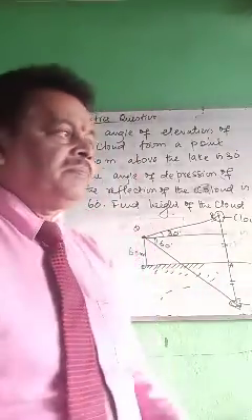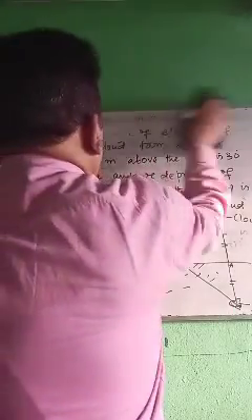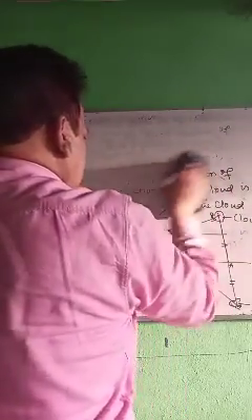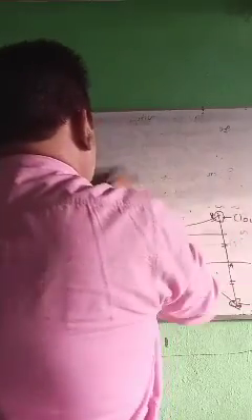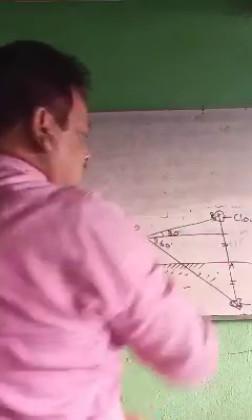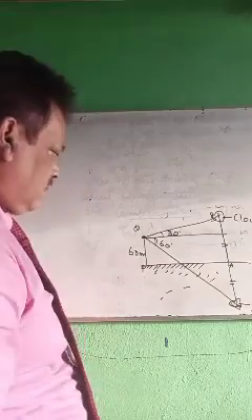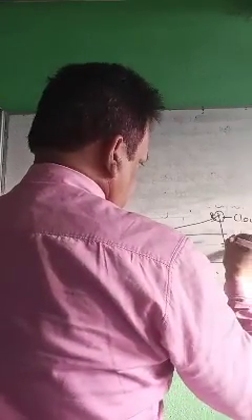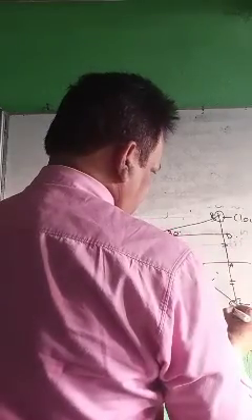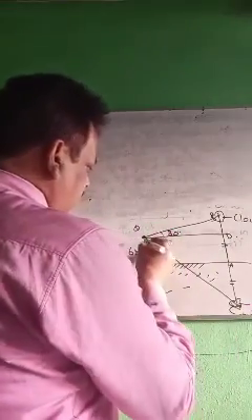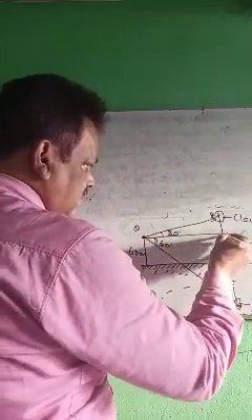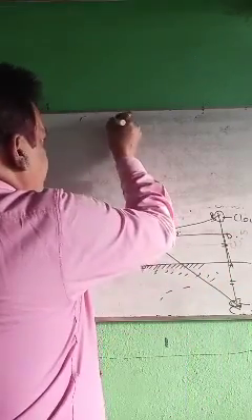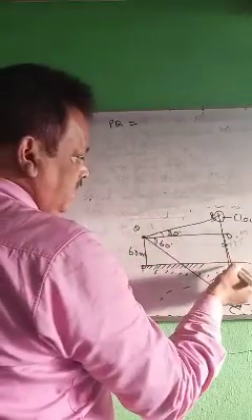Okay, lot of things you got here. Now try to see. A, B, D, suppose this is C. Now look, this one equals to this one. So PQ equals to which one?